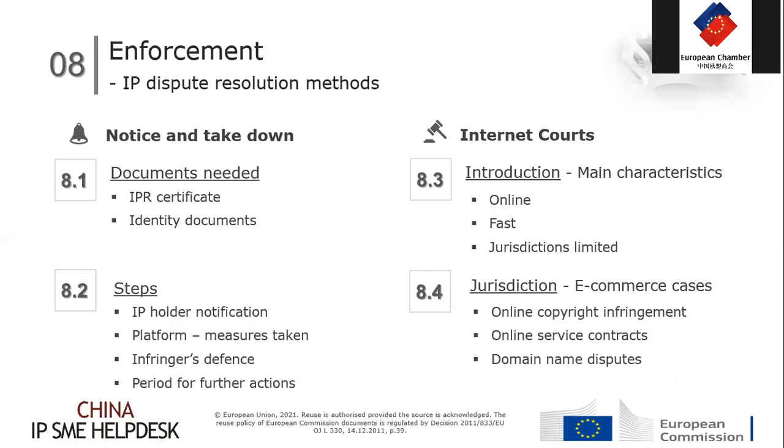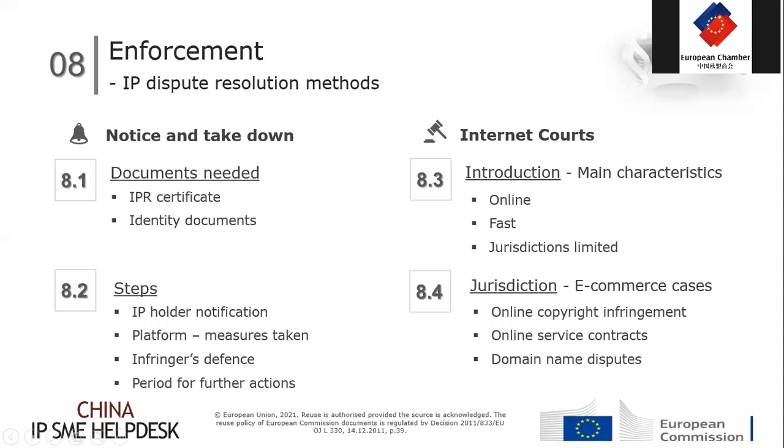The second step would be from the platform's side. They have to take those measures that are necessary in order to avoid or to reduce the damage that is being caused by the sale.